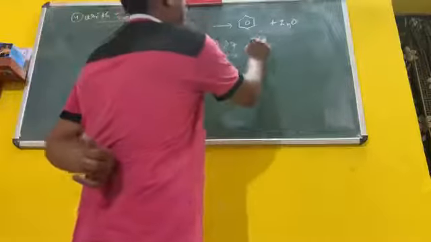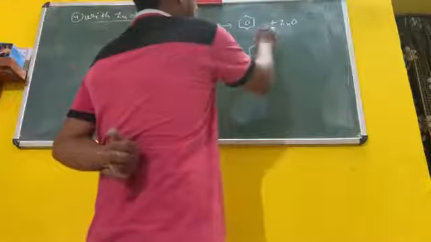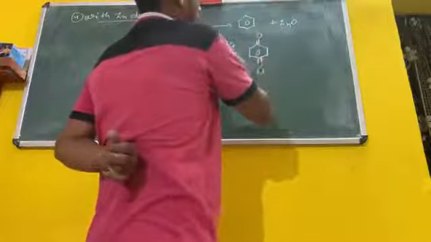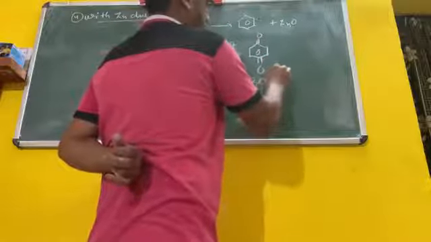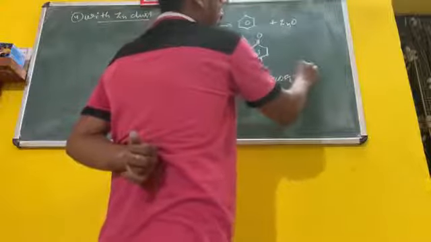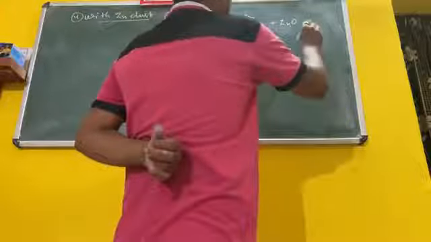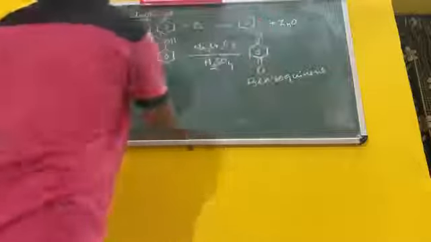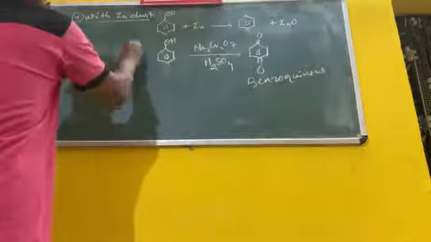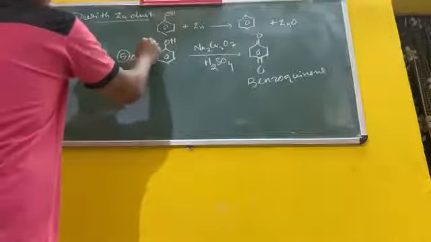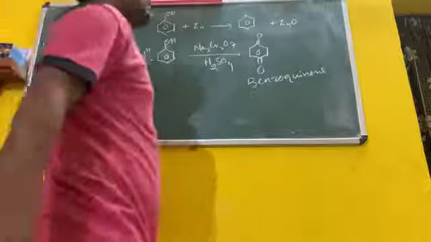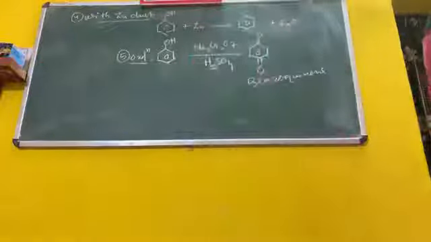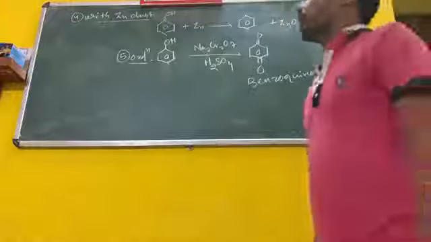Benzoquinone has the formula with a double bond O at each end. This is the fifth, oxidation. So these are all the chemical properties of phenol.